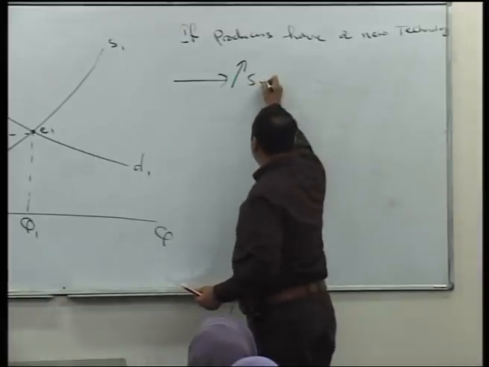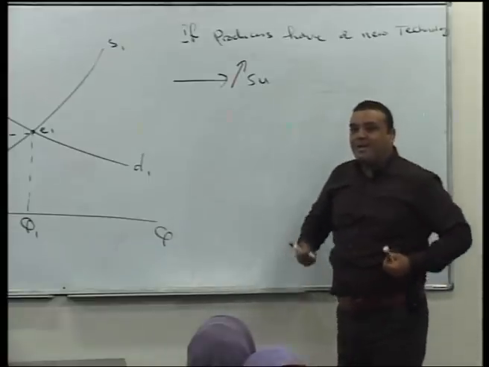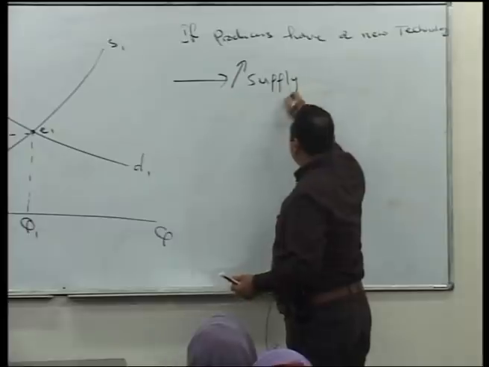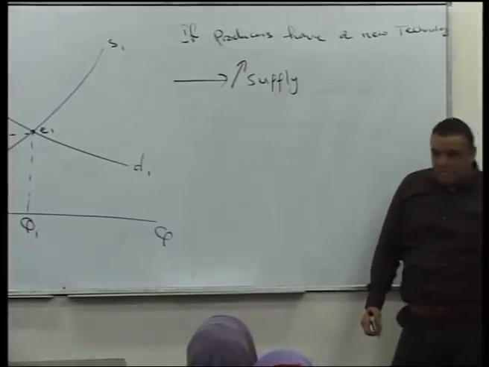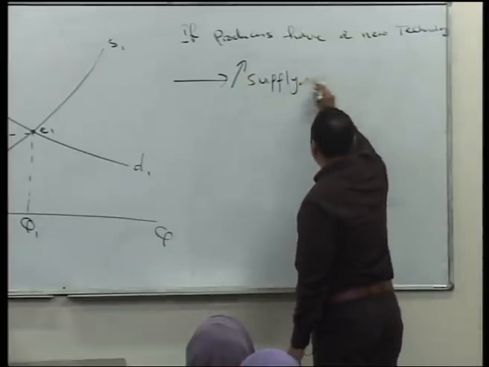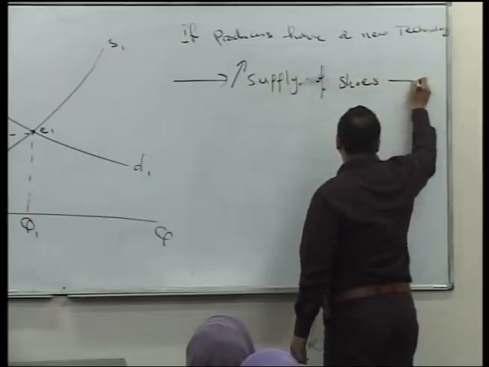So this increases our production capacity. The ability to produce goes up. So supply of shoes goes up.